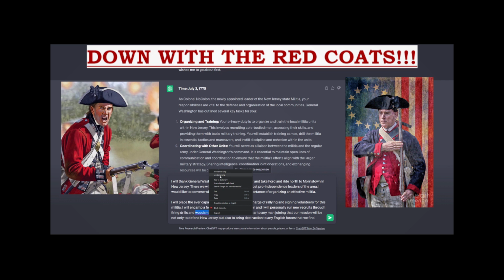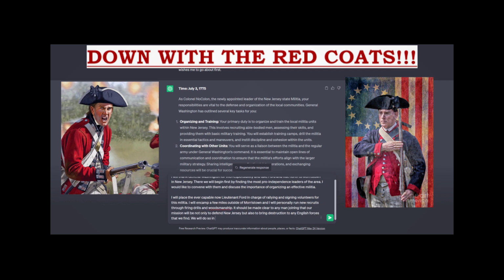We will do so in an unconventional manner, with rifles, not muskets, and with small raiding forces, not large battle lines.